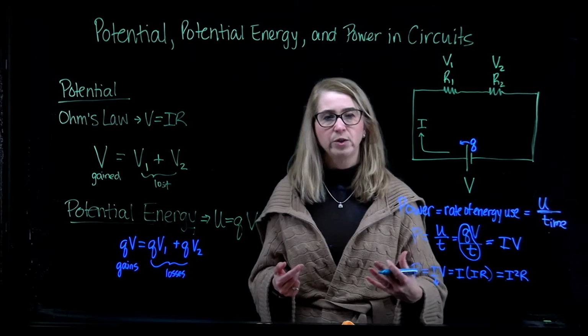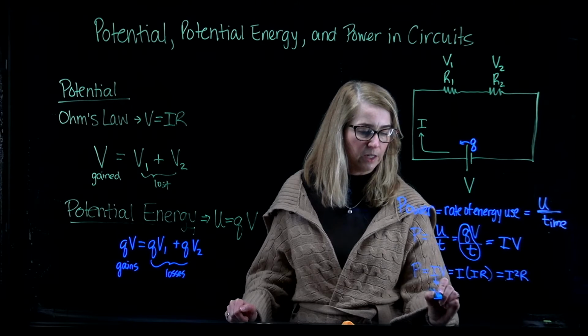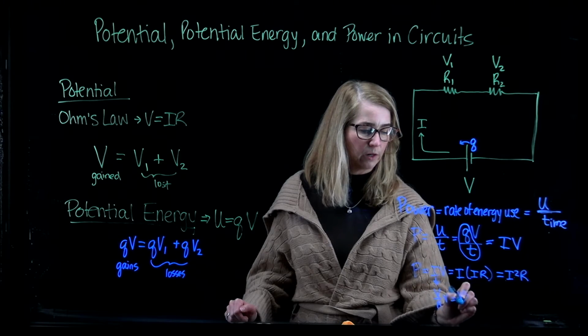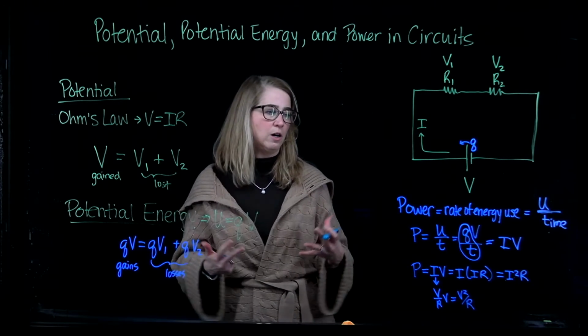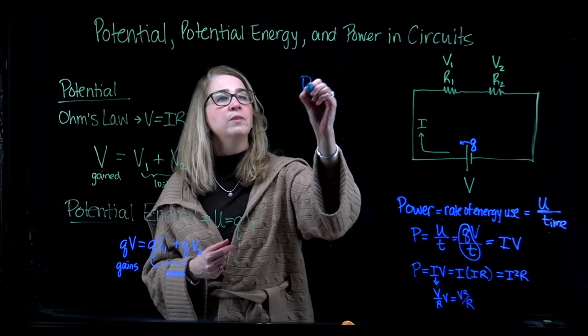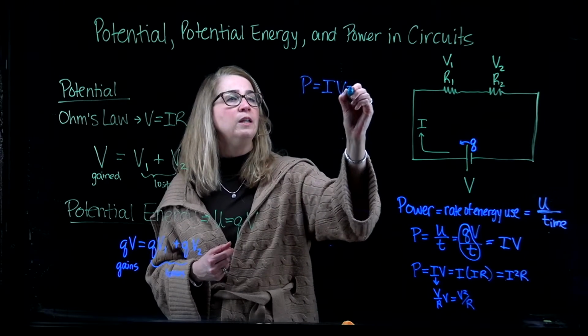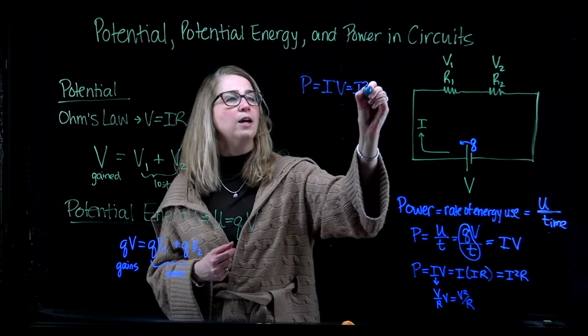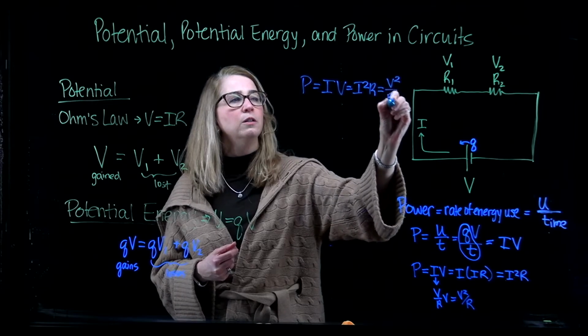What if I replace the current using Ohm's law, which would be V over R times V, and that would be V squared divided by R. So in all, I have 3 different ways that I can express power. Power can be expressed as current times potential, I squared R, or V squared over R.